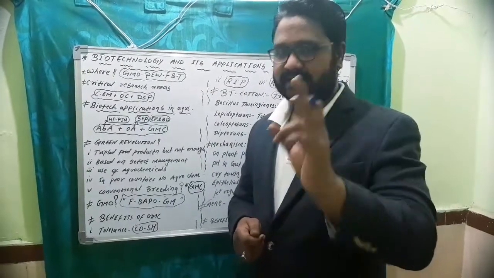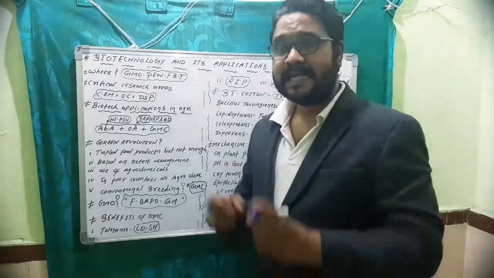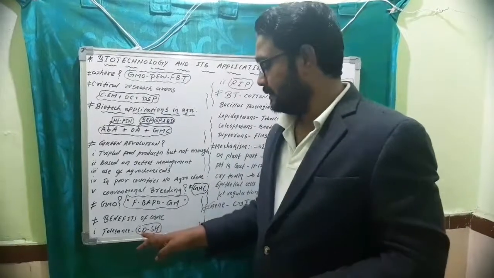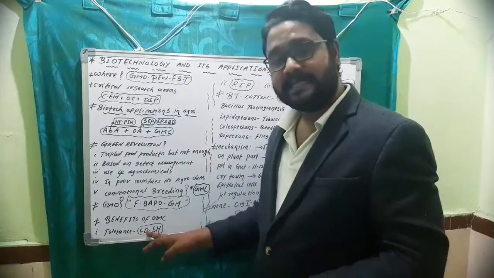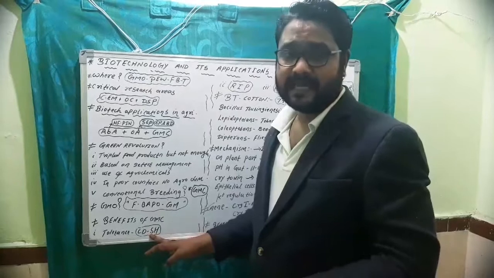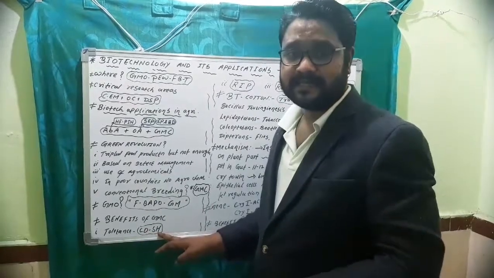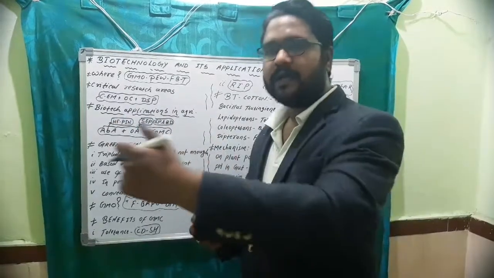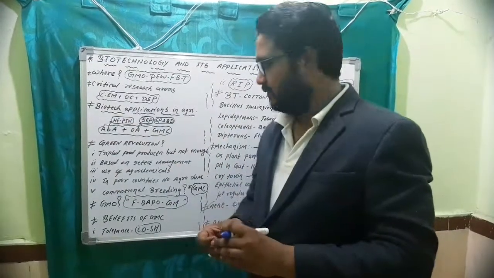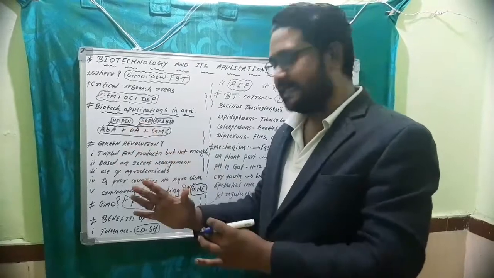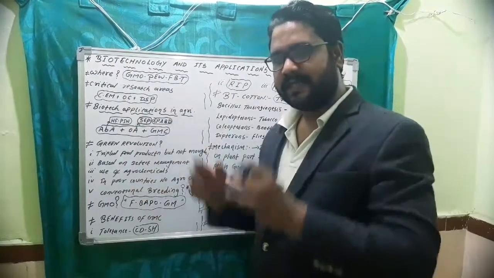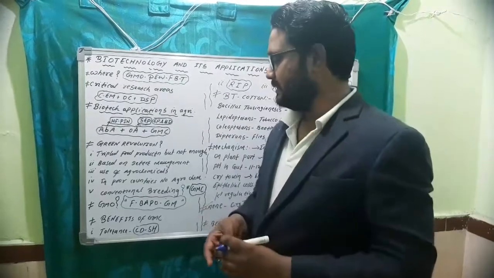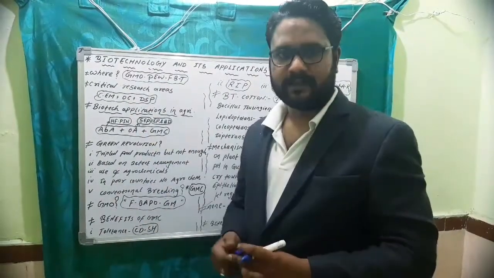So the first benefit is tolerance under extreme conditions, for example, C for cold, D for drought, S for salinity and H for heat. So tolerance in different conditions of nature which are not suitable for that crop to grow can be gained by biotechnological applications.